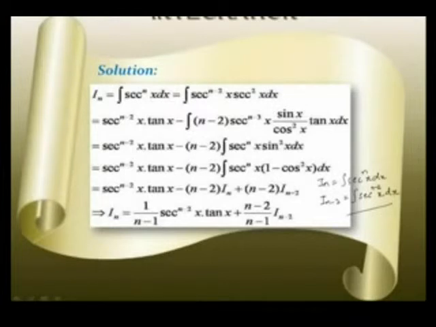And so we can write In equal to 1 by n minus 1 into sec x to the power of n minus 2 into tan x plus n minus 2 divided by n minus 1 into I of n minus 2. Now this is called the reduction formula.